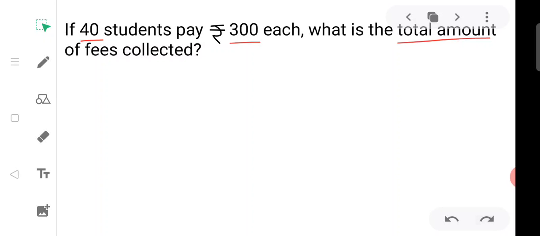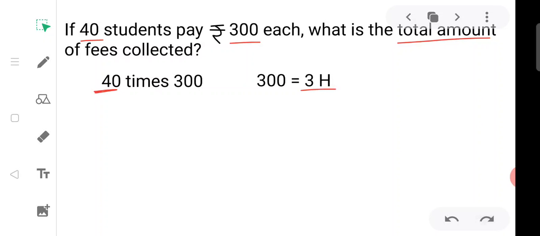So, to solve this, we have to take 40 times 300, and 300 means 3h. So, here we have to multiply 3h by 40. First we multiply 3 by 40. So, 3 4s are 12 and write 0.